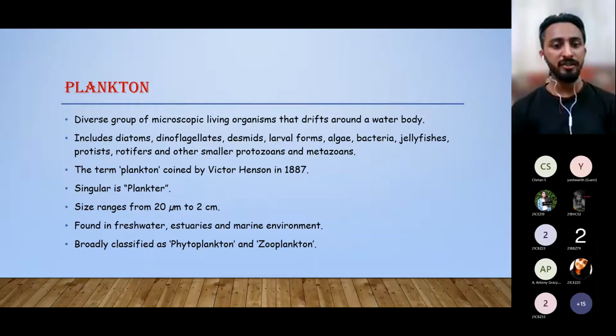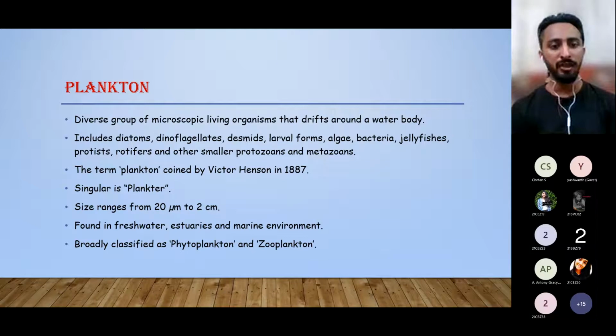So the general size of plankton is from 20 micrometers to 2 centimeters. There are exceptions where the plankton is less than 20 micron or more than 2 centimeter, but they fall under different categories. So the base definition for the size of a plankton is 20 micron to 2 centimeter.